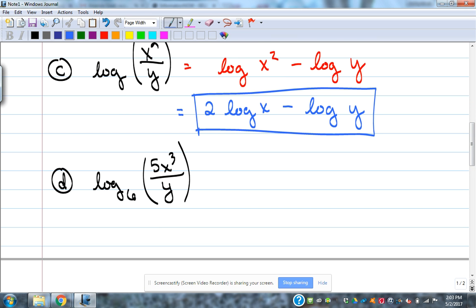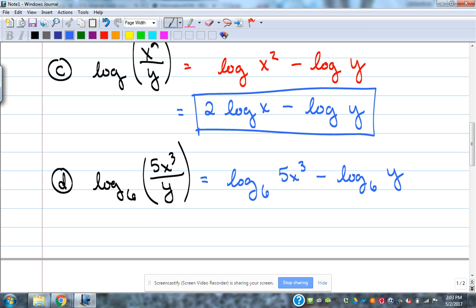Look at this one. What's the big thing that's going on in this one that makes it look tough? The division, the fraction stuff. So what's that turn into? Subtraction. Log base 6 of 5x cubed minus log base 6 of y.